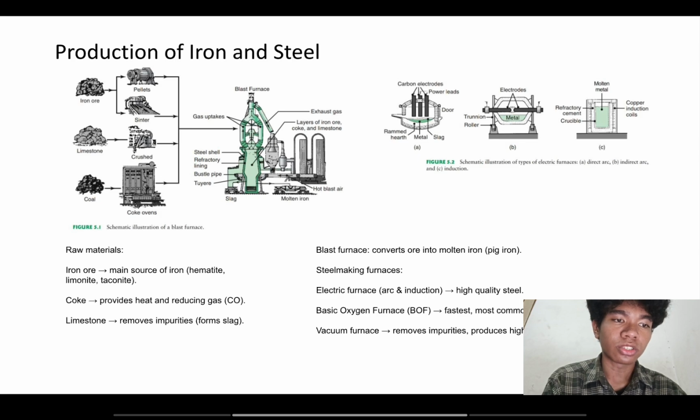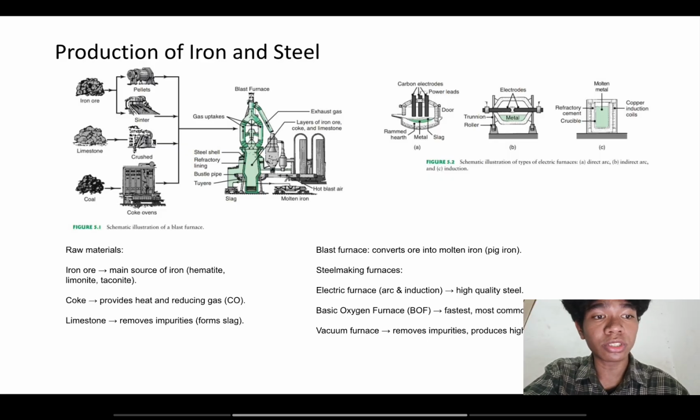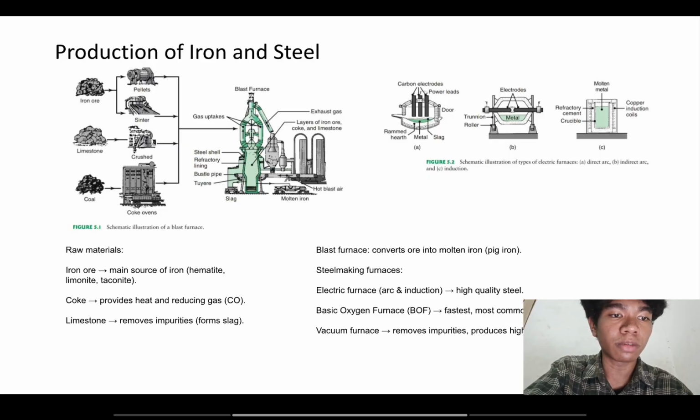For the electric furnace, the source of heat is a continuous electric arc between the electrodes and the charged metal, and the temperature can reach about 1925 Celsius. It can melt the charge using large graphite electrodes in around 2 hours.